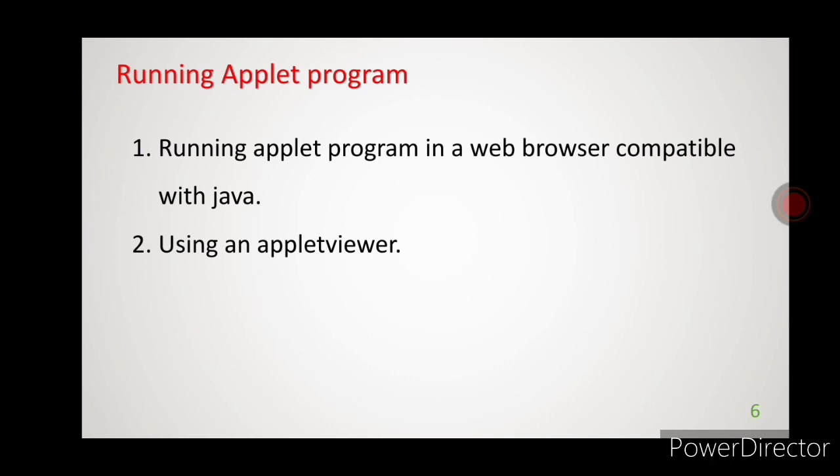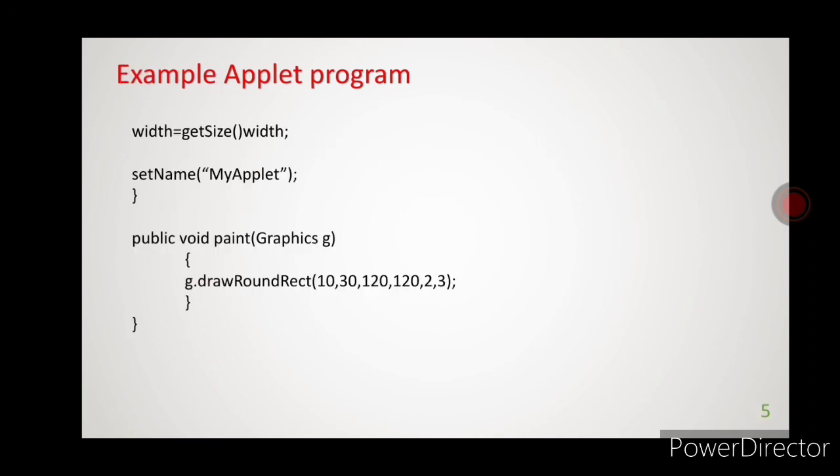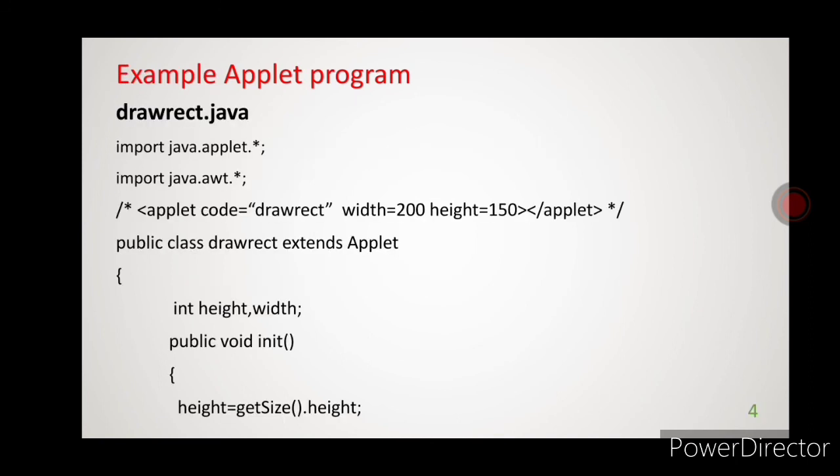When we execute an applet program, in the applet tag, whichever class name we specify in the code part, that class will be loaded and it will execute that class.